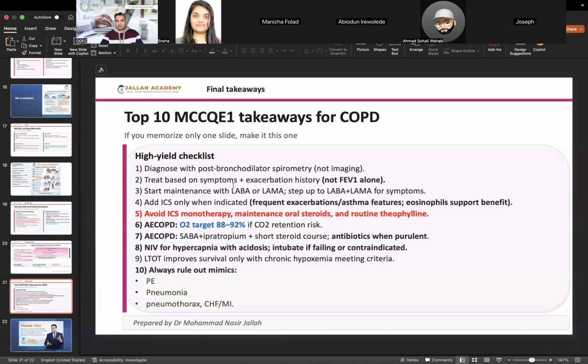So start maintenance with LABA or LAMA, and step it up with LABA plus LAMA for the symptoms. And if it doesn't help, then LABA, LAMA, and steroid.